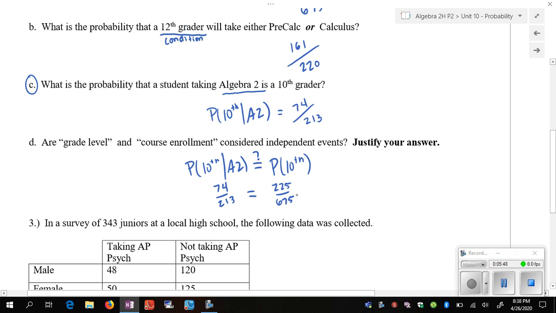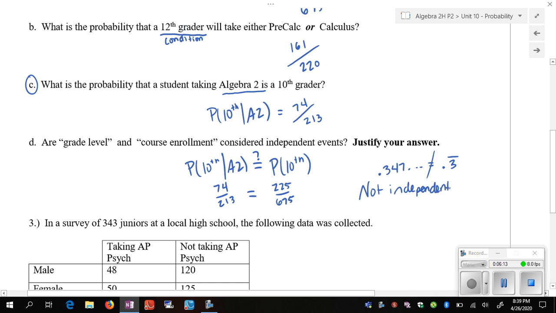And we could convert these to decimals. When we do that, for the fraction on the left, we get 0.347 dot dot dot. And clearly that is not equal to 0.3 repeating. So we would say not equal means not independent.